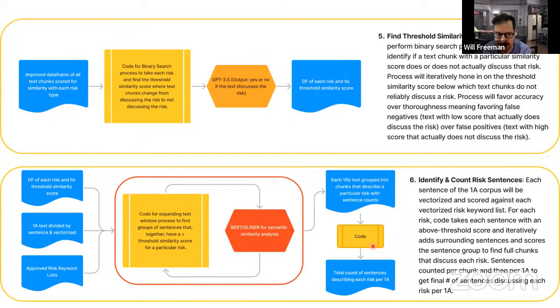And this was a very difficult thing to do programmatically. And I did it a few ways. One was, if anyone's familiar with the binary search method, basically to summarize, I would give an LLM examples of different levels of semantic similarity scores.